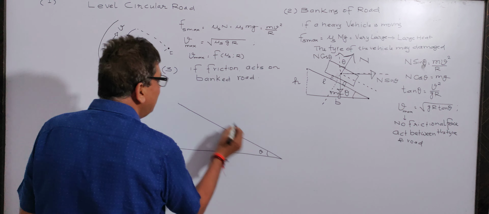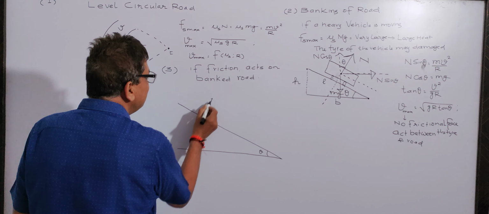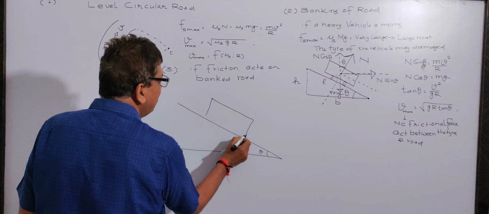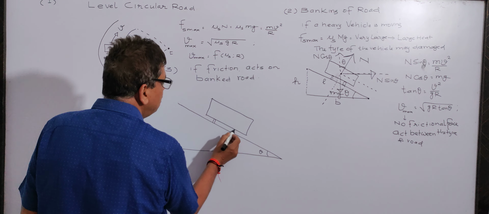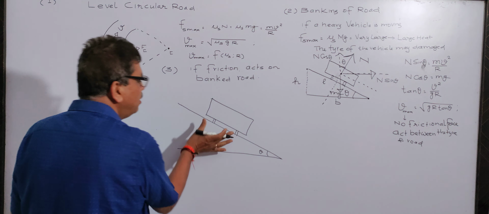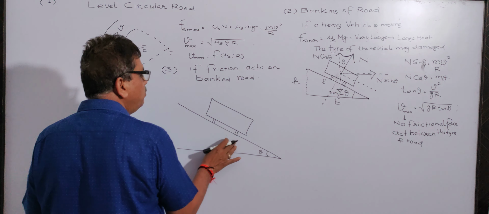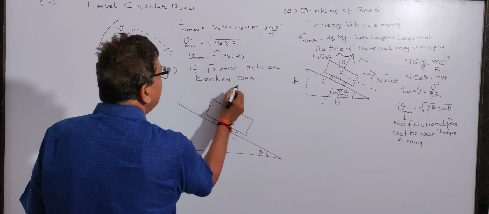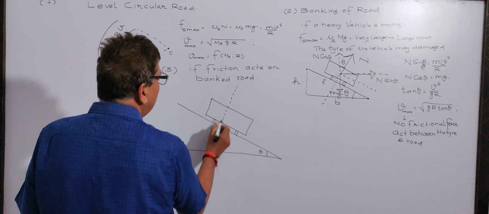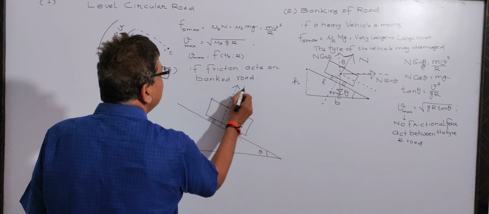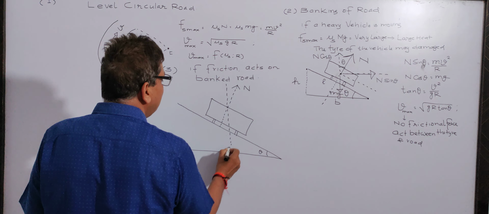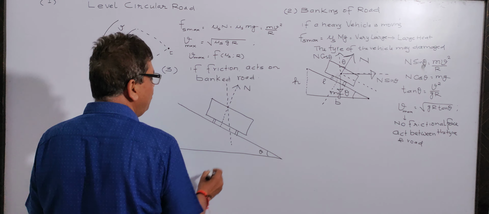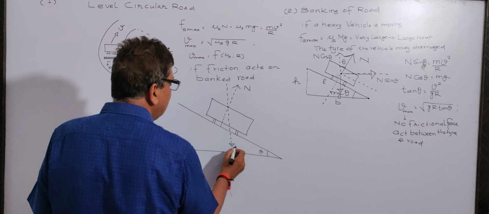Now this is theta. Let us take this as the vehicle, representing the object on the banked road, with the two backside wheels of the vehicle, and this is the direction of the normal reaction. In this direction the weight of the object acts, mg.